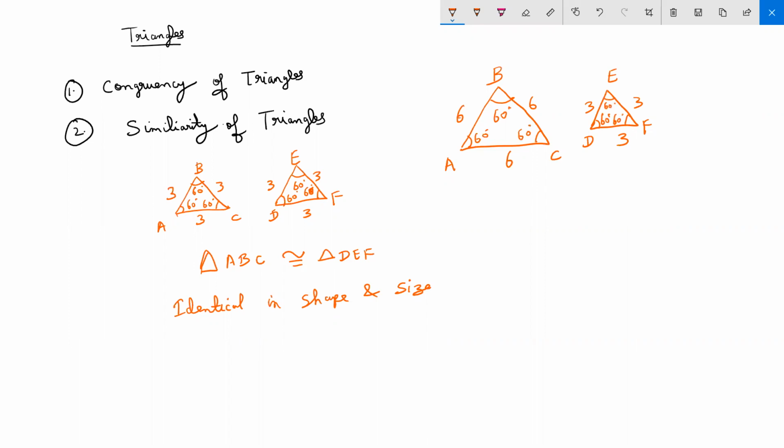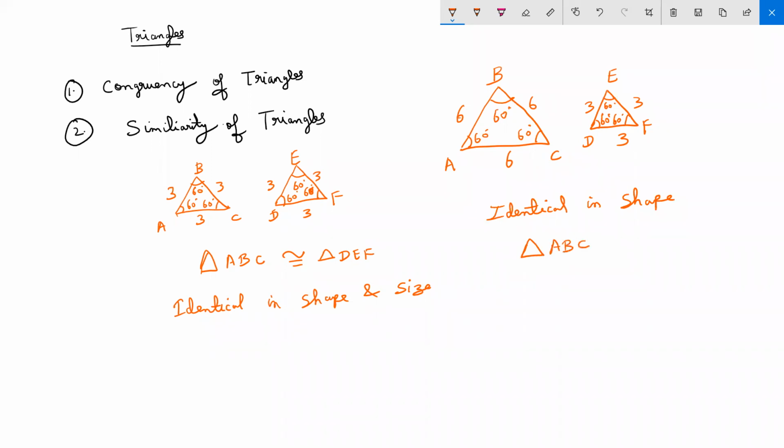So these two triangles are identical in shape only, not in size. Because if you consider size, the first equilateral triangle is larger in size as compared to the second triangle. So these two equilateral triangles are identical in shape only. So this is the condition for similarity.